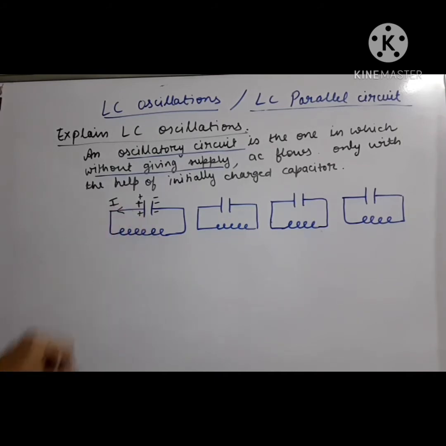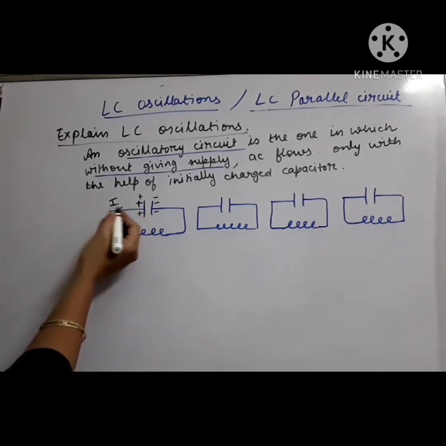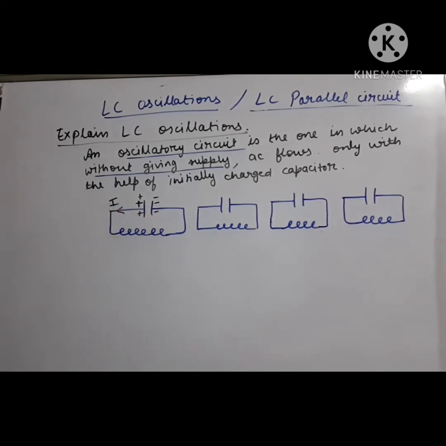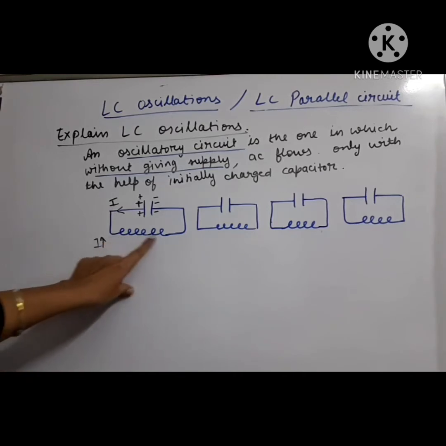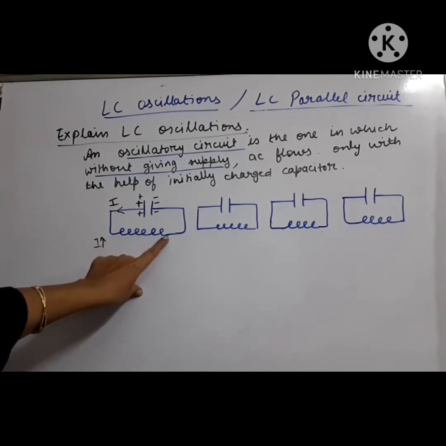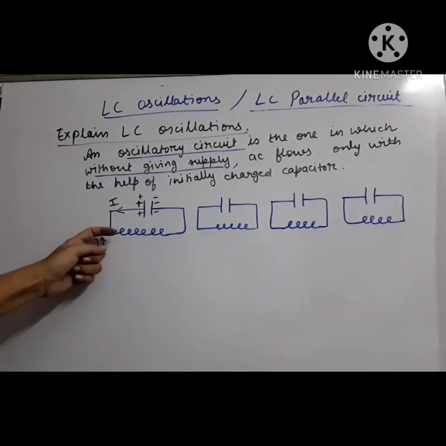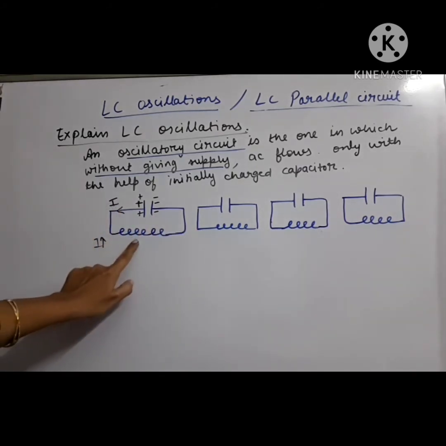As soon as the current starts entering into it, which was earlier 0, we will say that current is increasing through it. Whenever increasing current flows through the solenoid, increasing flux will be produced in the solenoid, because every solenoid produces a magnetic field parallel to its length. And since current is increasing, the magnetic flux will also be increasing.